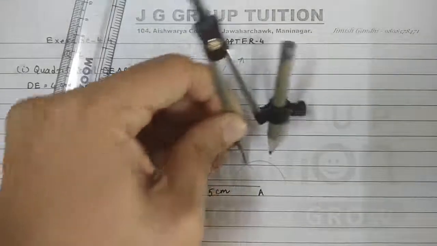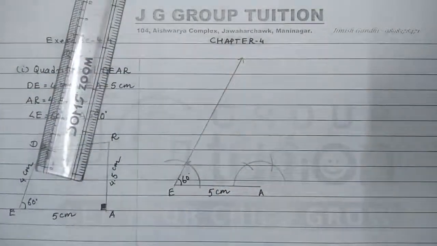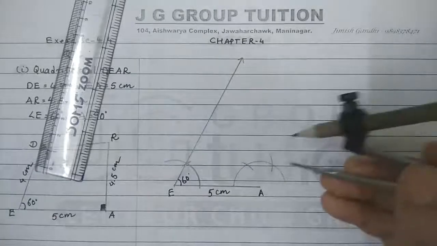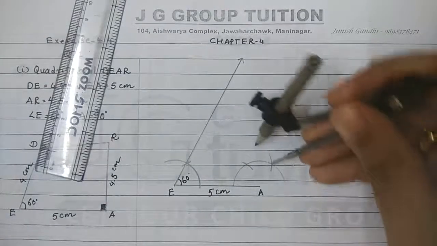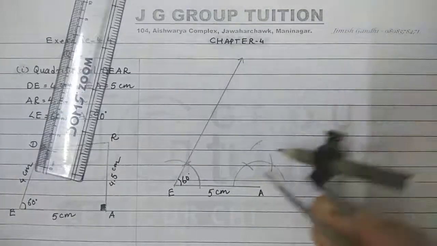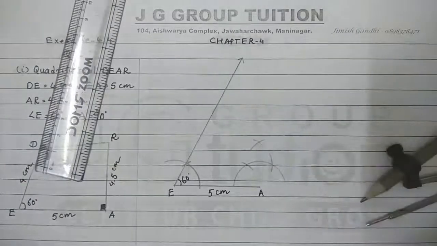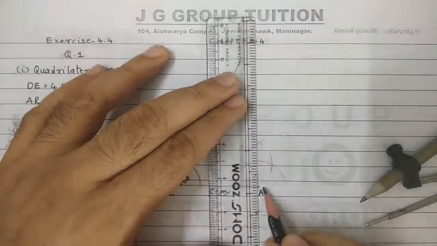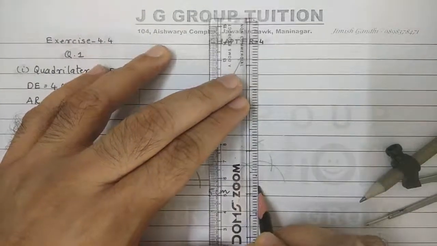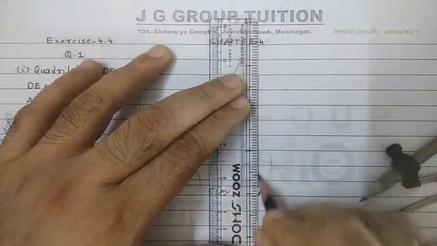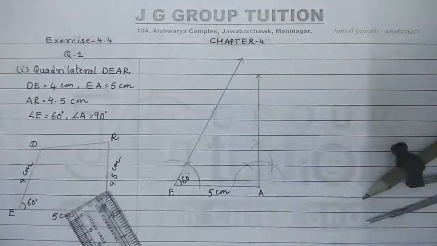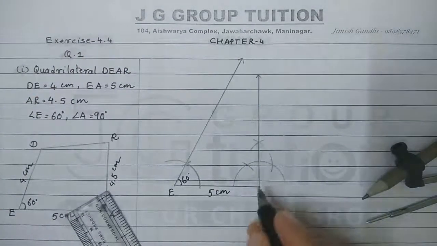From 60 we should draw another arc, that forms 120. Now to obtain 90 degree we should construct an arc from 120 on the upper side and from 60 on the upper side. These both intersecting form 90 degree. So let us draw this angle A, which forms a right angle here.